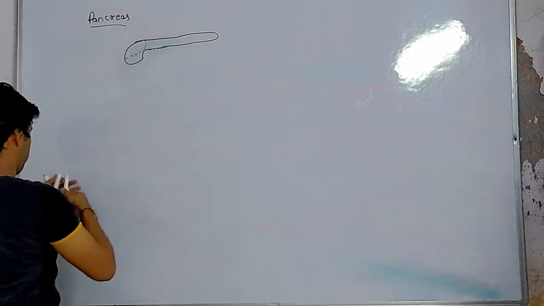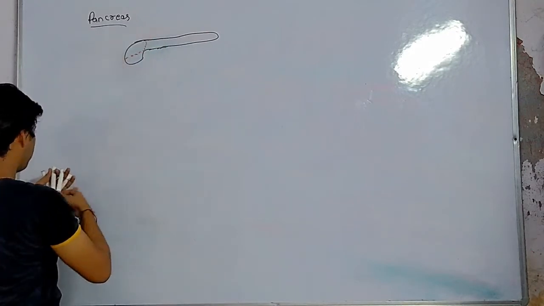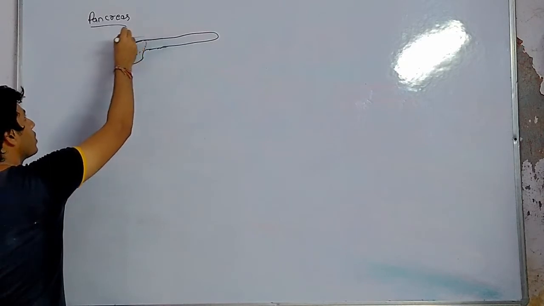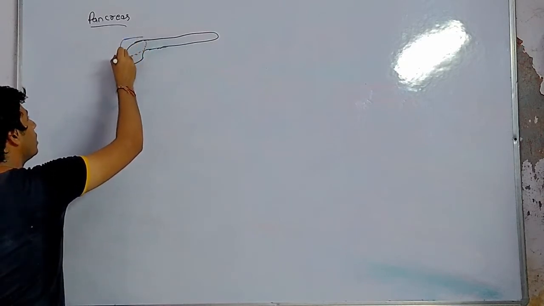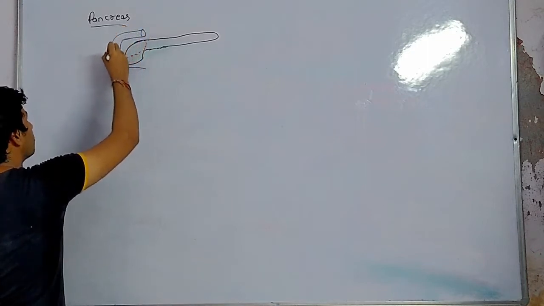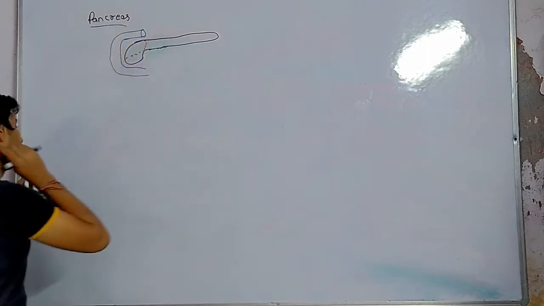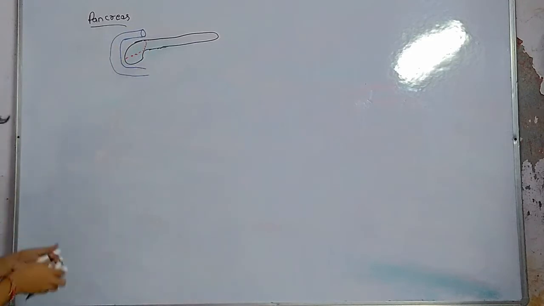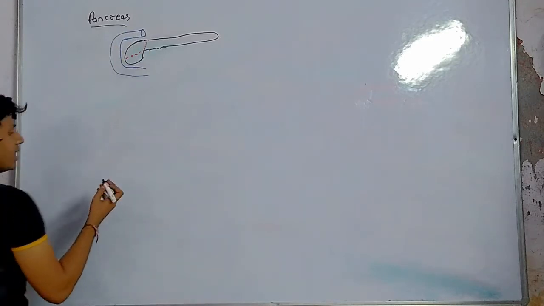Superior to the head, we have the duodenum. Remember the first part of the duodenum. This is the second part of the duodenum and this is the third part. All these are continuations. So first write about the relations of the head and uncinate process.